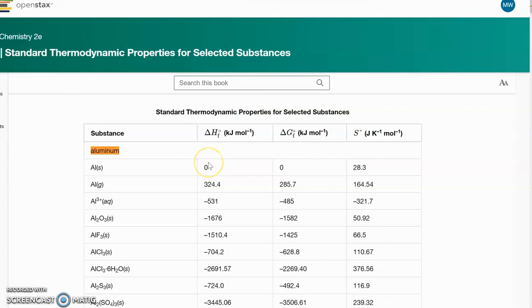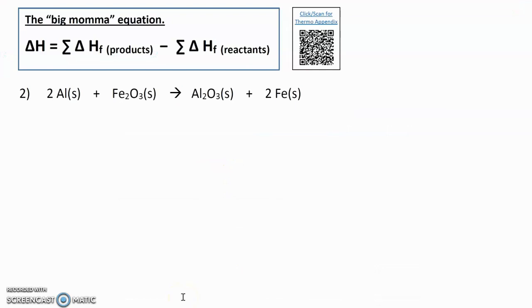So aluminum solid, standard conditions, delta H of f of 0. So automatically I can just write a 0. I don't really need to look up that value because I know that it's in its most common standard elemental form.